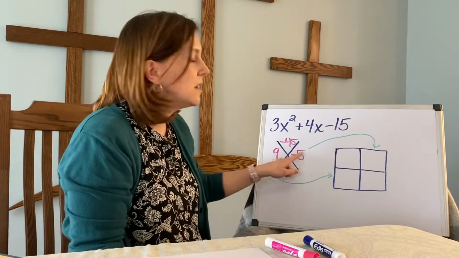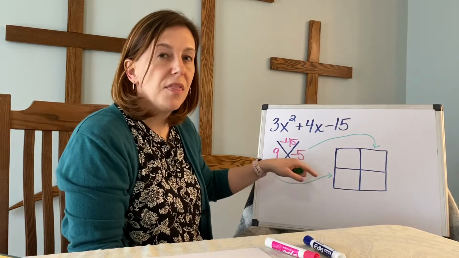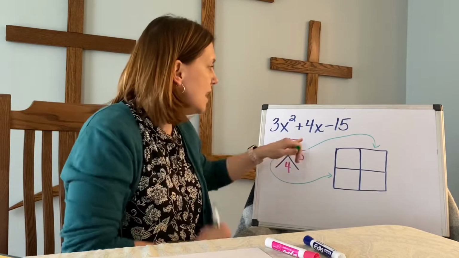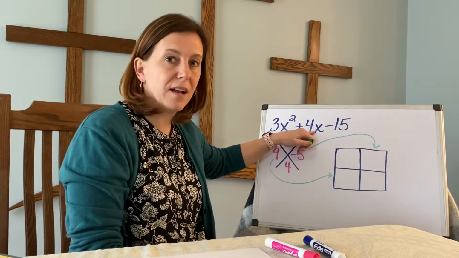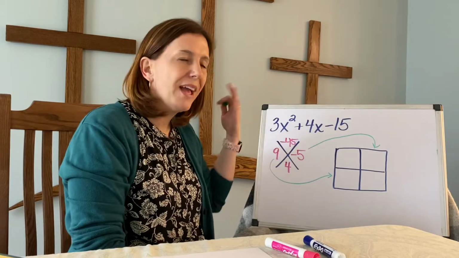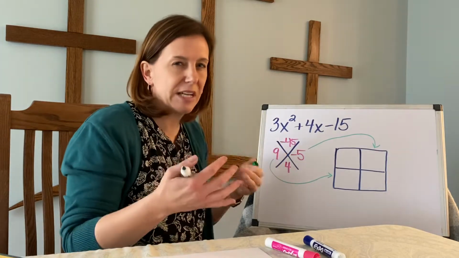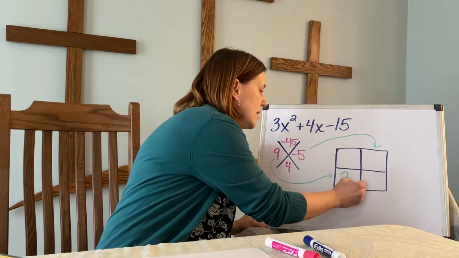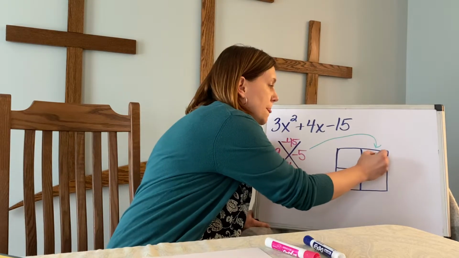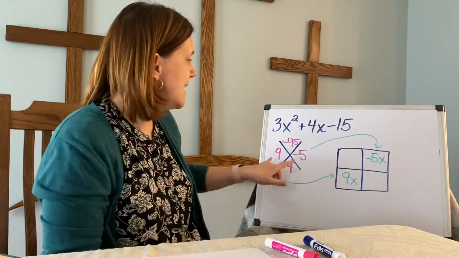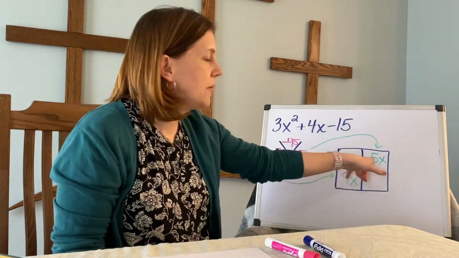But they're just not going to go in as the numbers. These, if you remember just from thinking backward to the FOIL method, they add up to get me 4x. So really, even though we're doing the pattern with the numbers, we have to remember that those are our outside and inside terms. Those are 9x and negative 5x.